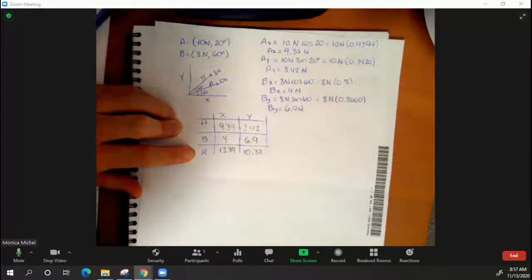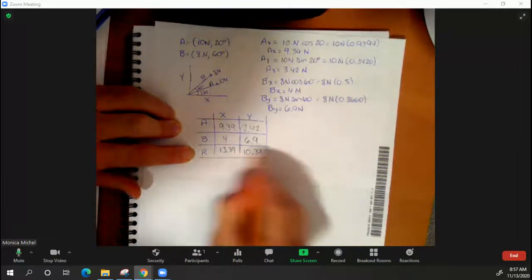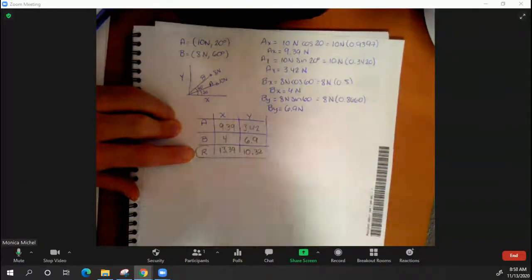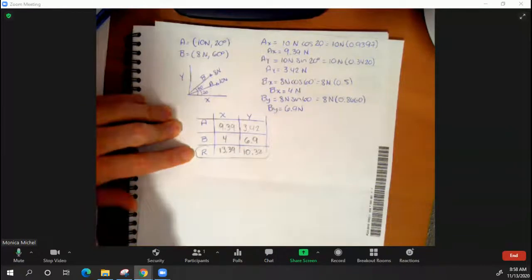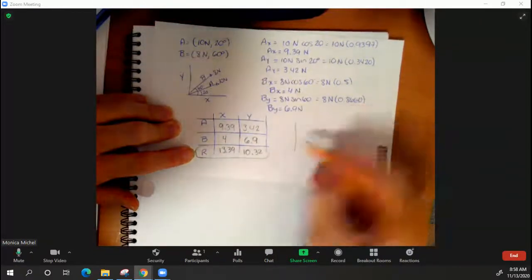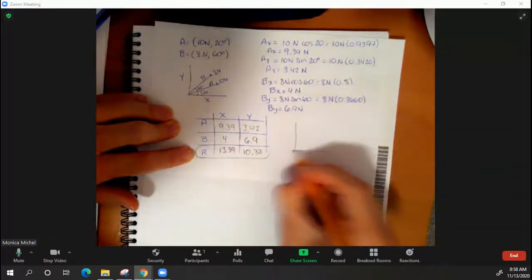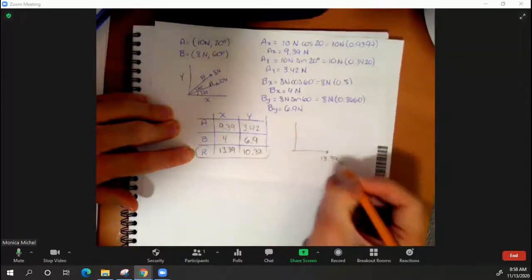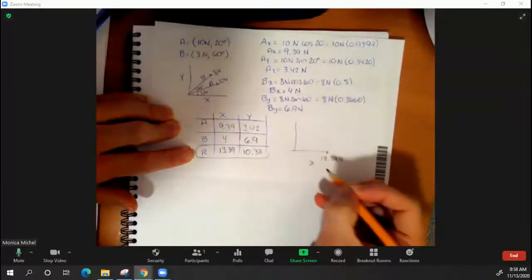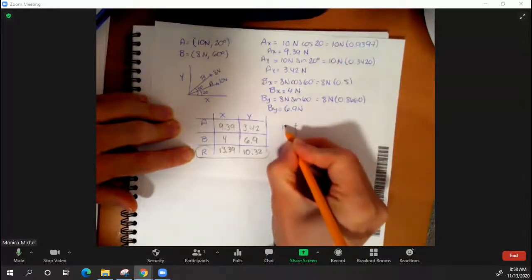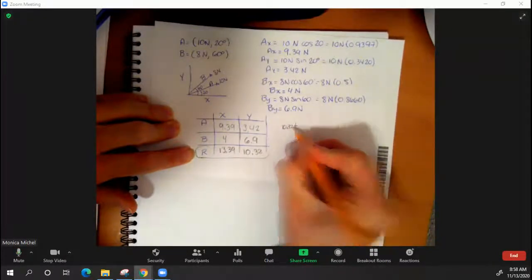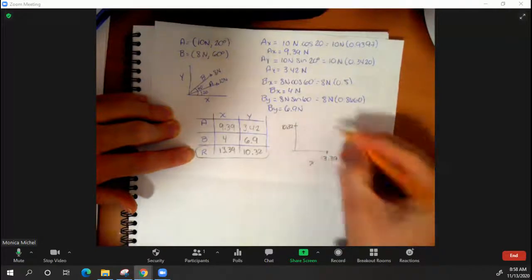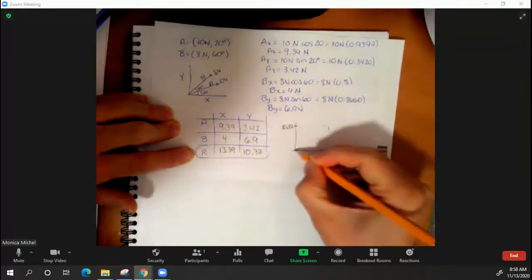Notice that this is actually what are going to be the values for my resultant. So what this means is that I will have a value for the resultant that goes towards the right, 13.39 newtons in x, and goes up 10.32. That will be indicated like that.